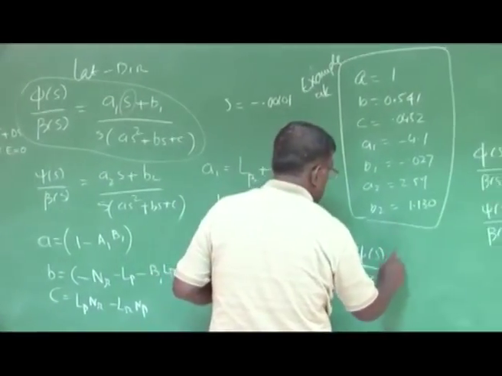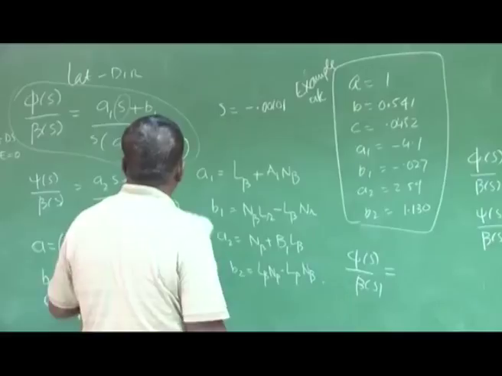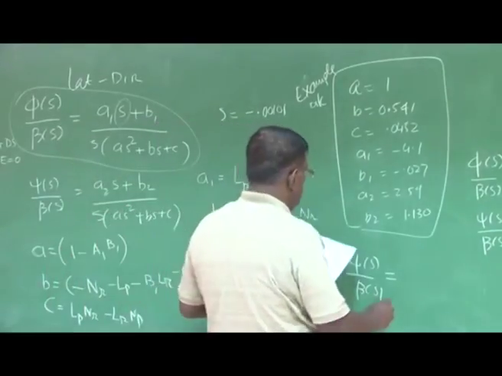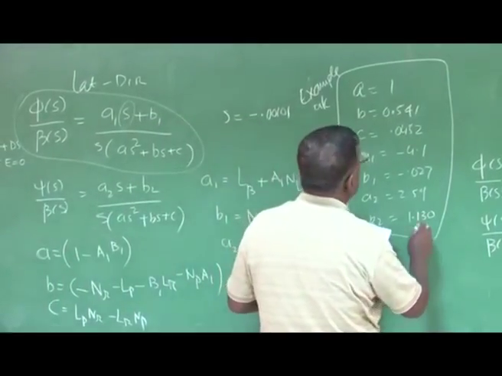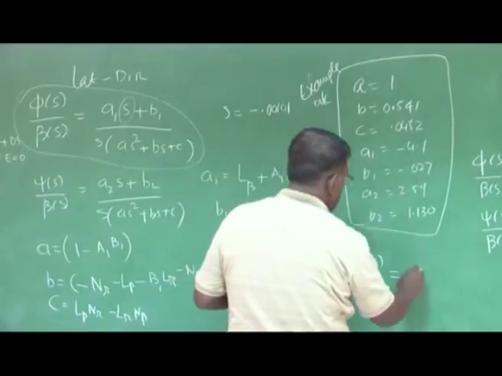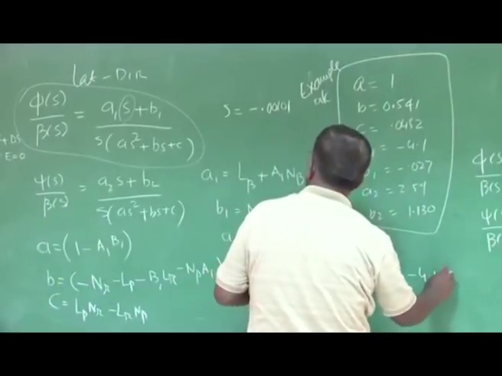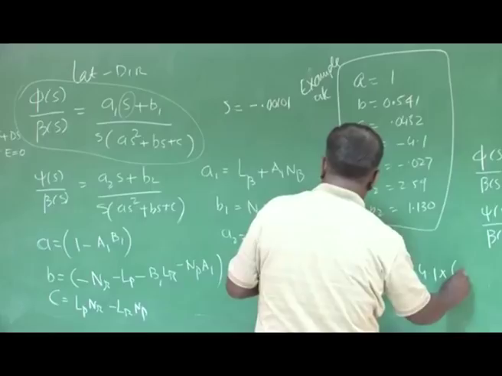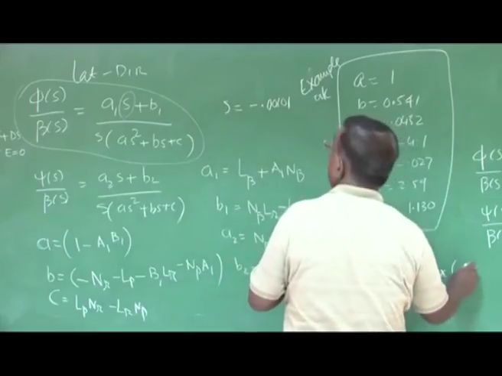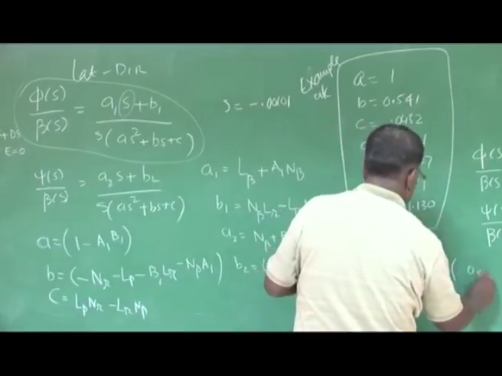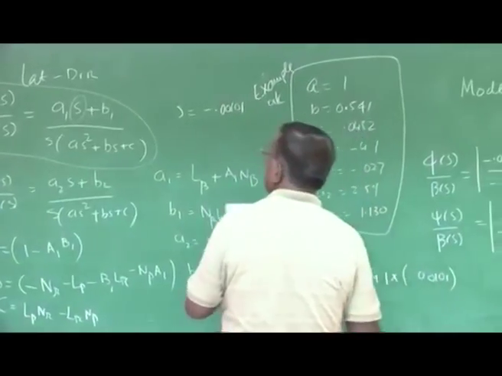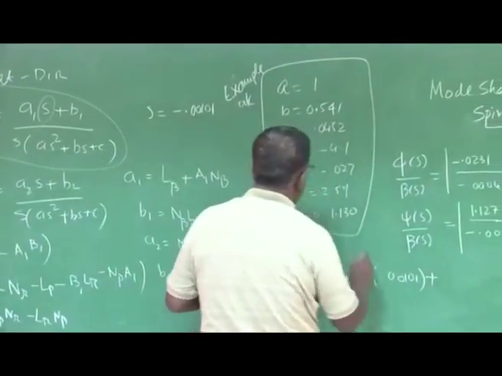Of course, we are talking in terms of the ratio of two complex numbers. So I'll put the value of A1. So A1, what is A1? It is minus roughly 4.1 into s. So that is minus 0.00101, right, plus B1.